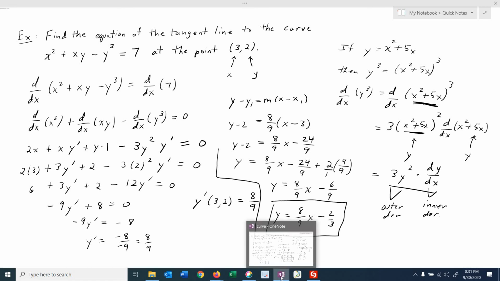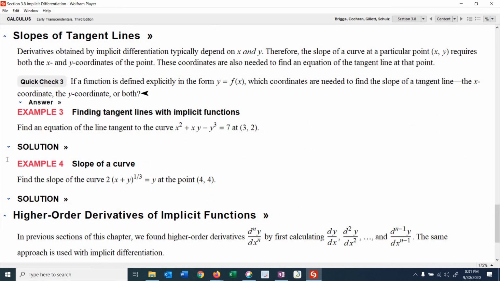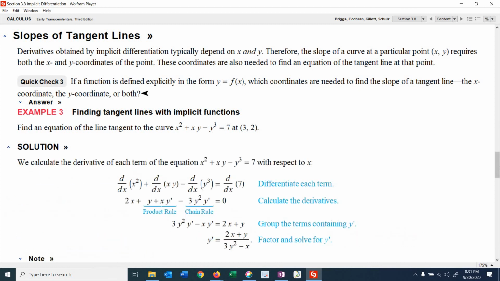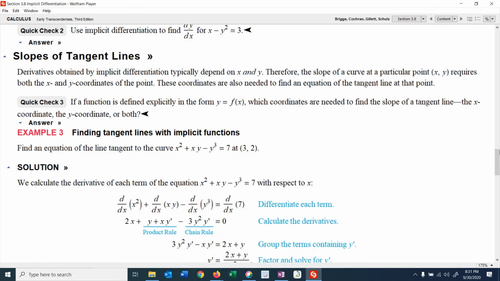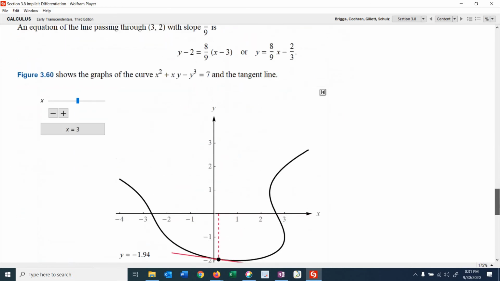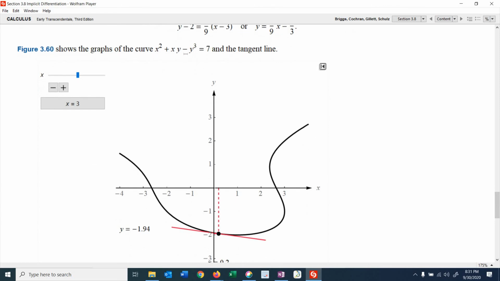Now let me just show you visually what's going on here. So if you graph this particular curve, the one that we were given, it looks like this. And notice this is not really a function because it doesn't pass the vertical line test. But nonetheless, the graph of this particular equation looks like this.